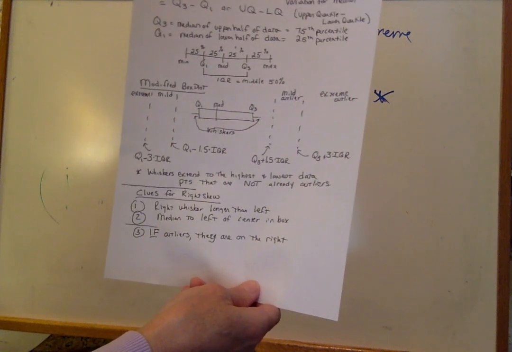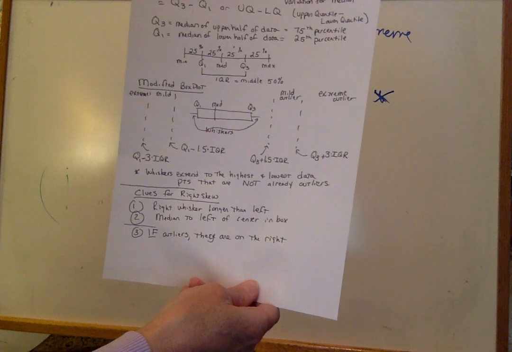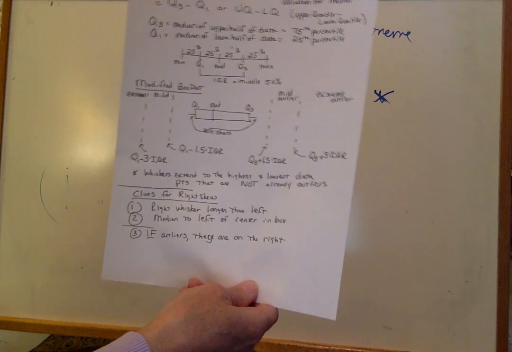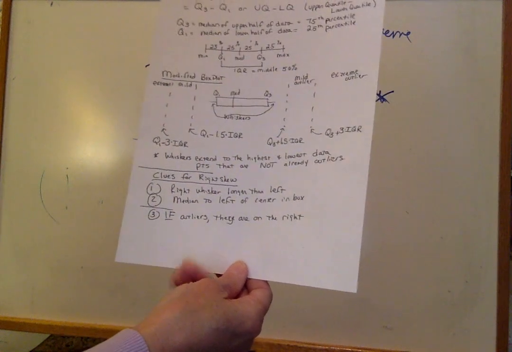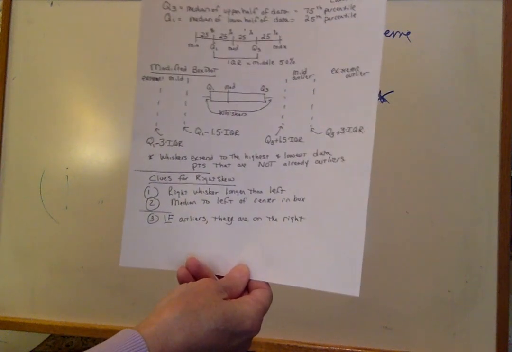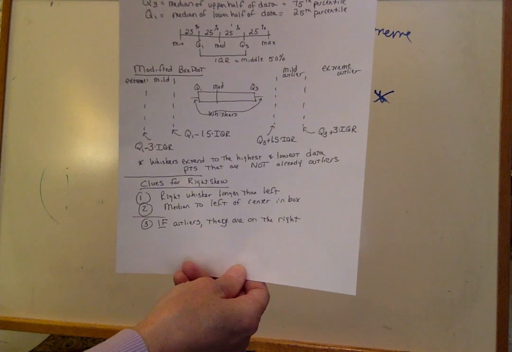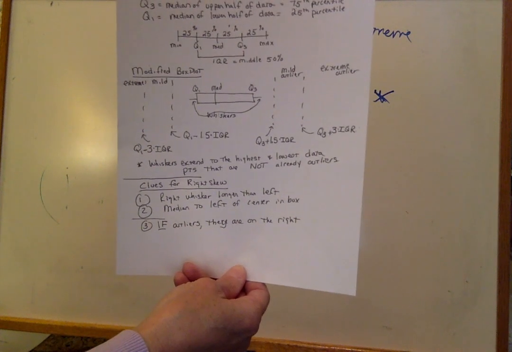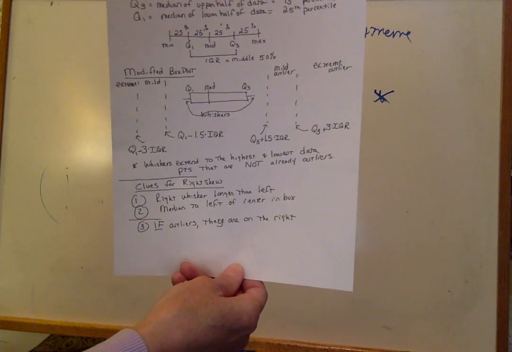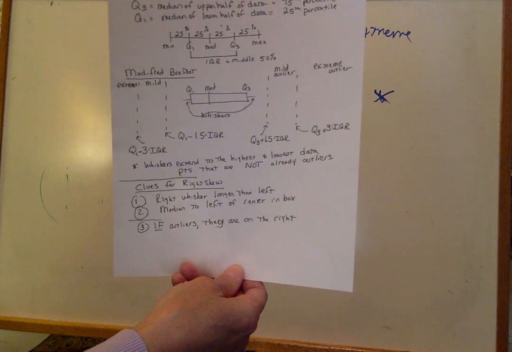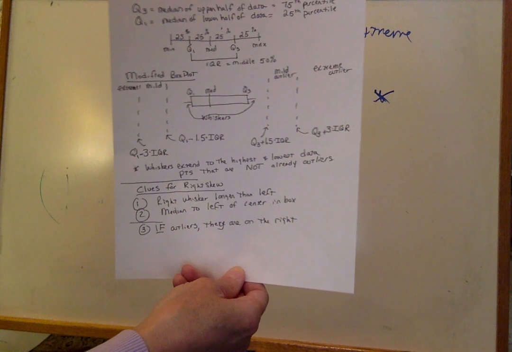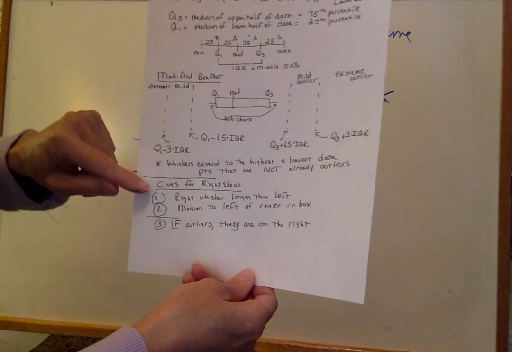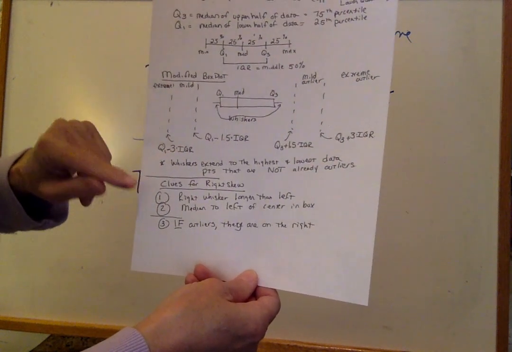The only ones you're going to be held responsible for are the ones that clearly show it. For some reason, most of the data sets I do in the classroom that show skew turn out to be right skew. I mentioned that when we were talking about skew, that I see right skew graphs much more often than left skew graphs. So that's why I wrote the clues for right skew.